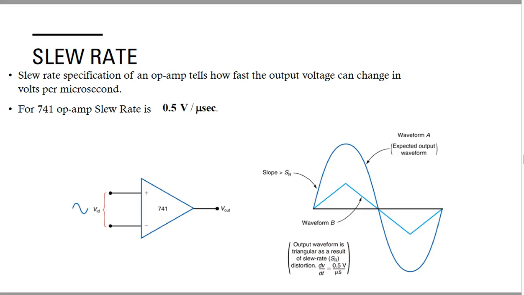So for example, the LT1363 has a slew rate of 1000 volts per microsecond. Each op-amp might have a different slew rate, so you can look into the data sheet to see the value that particular op-amp holds.